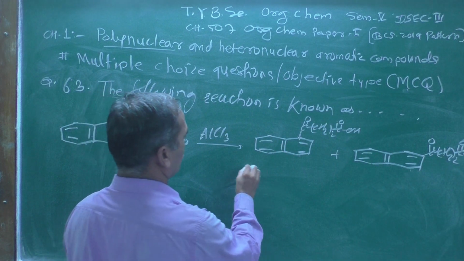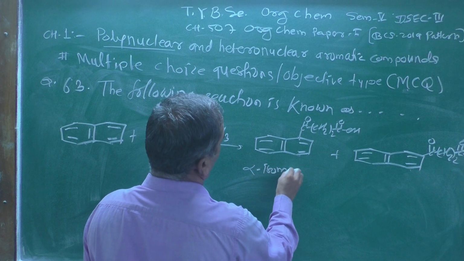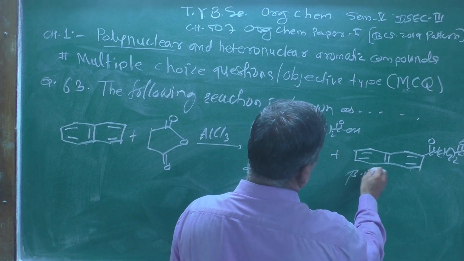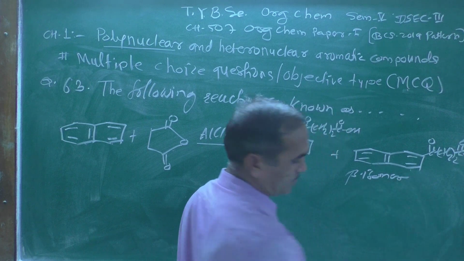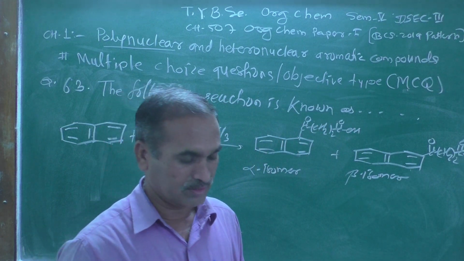This is the alpha isomer and this is the beta isomer. We are getting a mixture of products here.